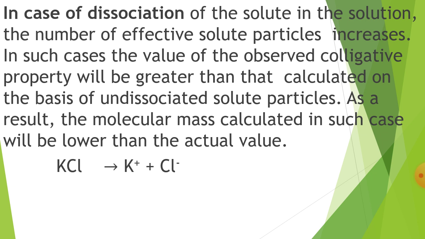But as I told you, the colligative property is inversely proportional to molar mass of solute. So the more the colligative property, the less will be the molar mass. So these two conditions show the abnormal molar mass, either due to association or due to dissociation.